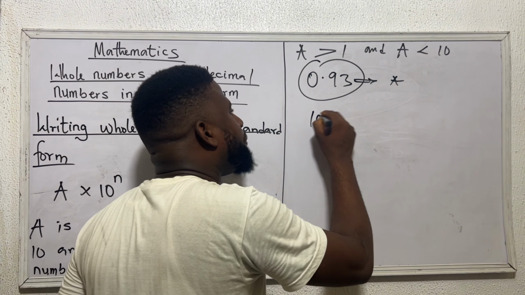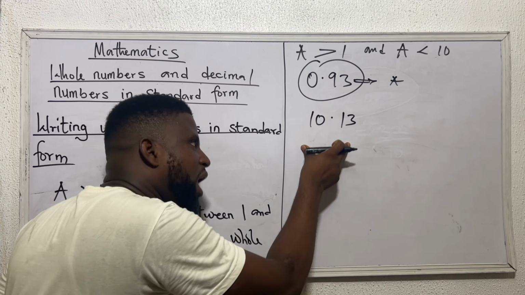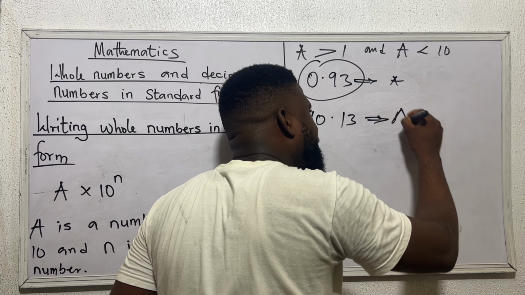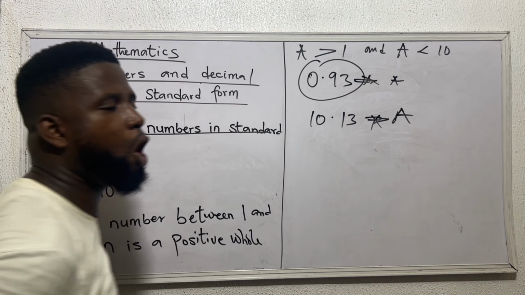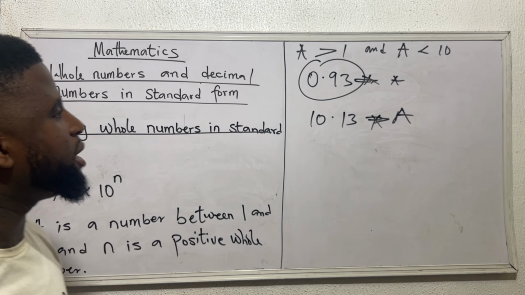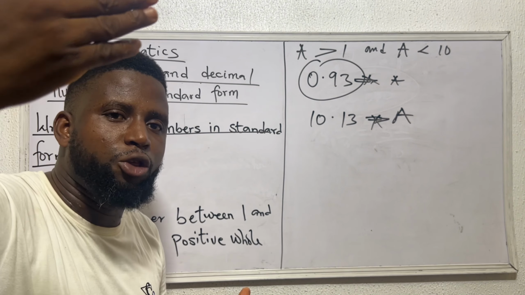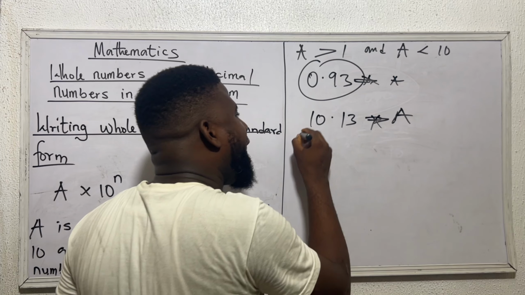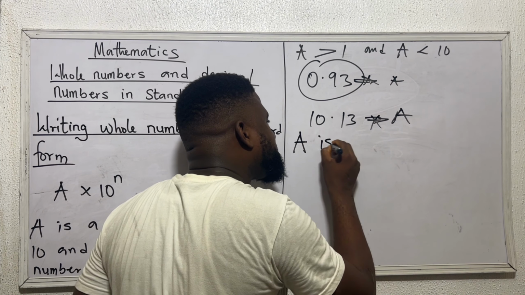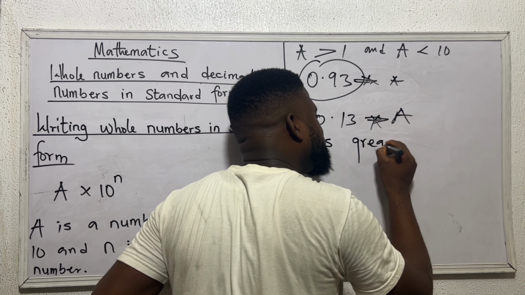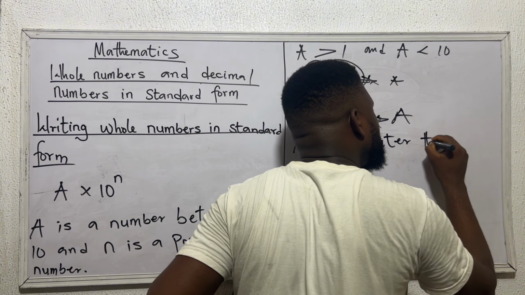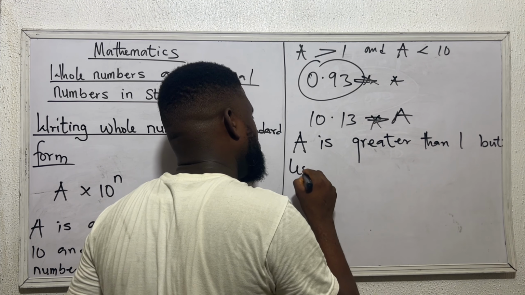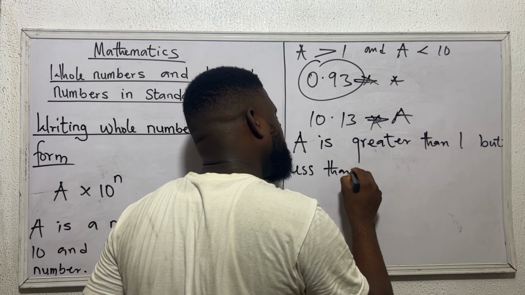And if we have 10.13, 10.13 is clearly above 10, so it is also not a number in standard form. So we must write the number in this form, whereby our a is greater than 1 but less than 10.